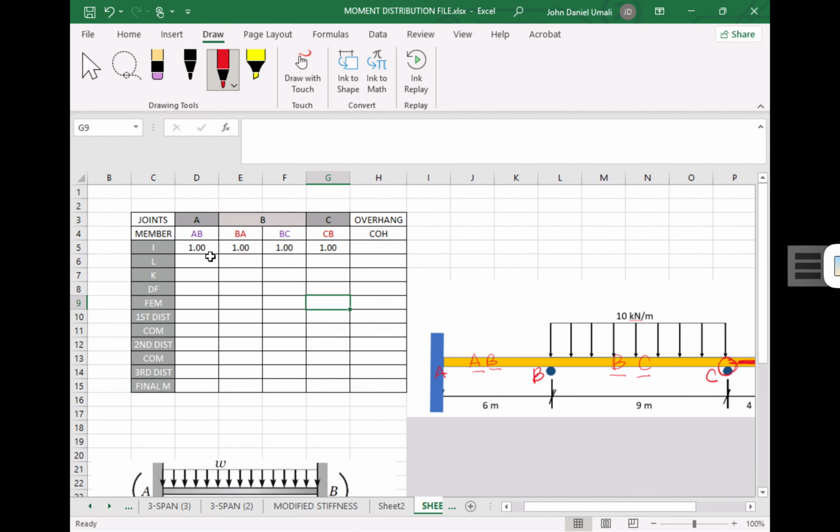And then the length of AB is 6 meters. The length of member BA is also 6 meters, since they are basically the same.